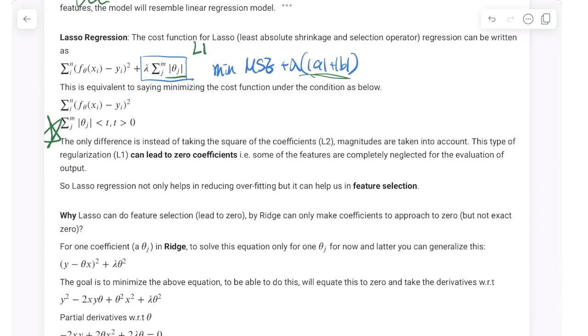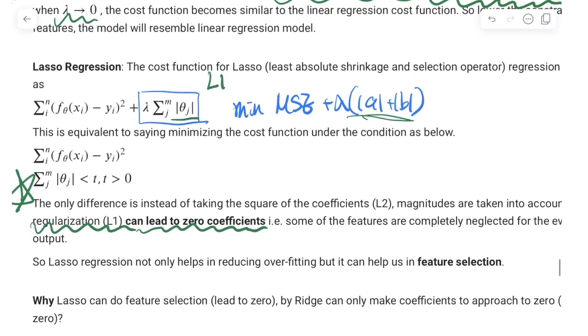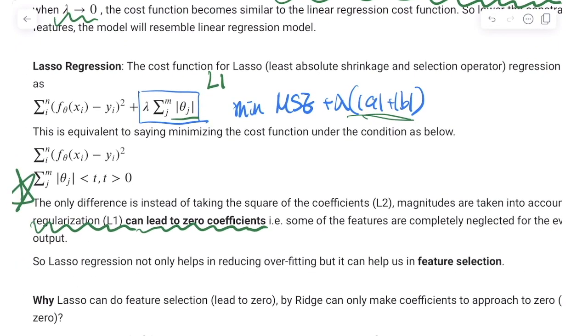So according to some complex mathematics, L1 regression can lead to 0 coefficients. That means when you perform lasso regression, sometimes the value of A or B will become 0.